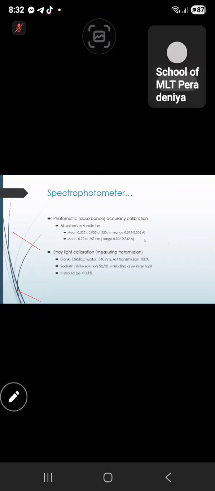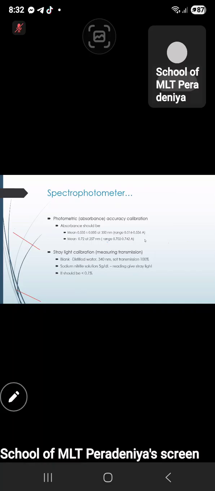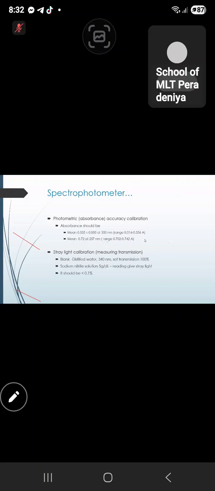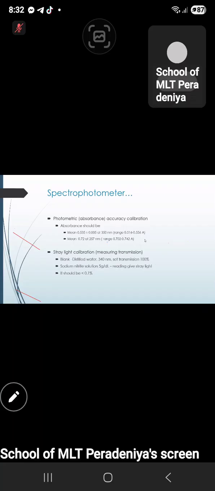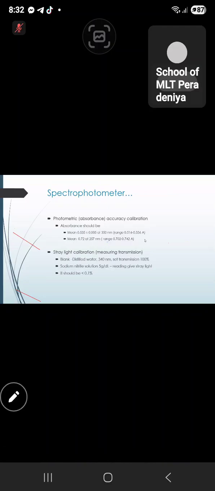The other one is photometric accuracy, that is absorbance accuracy. That is also very similar. With the same potassium dichromate solution, it should give about 0.535 absorbance reading at 350 nanometer and 0.72 at 257 nanometer.